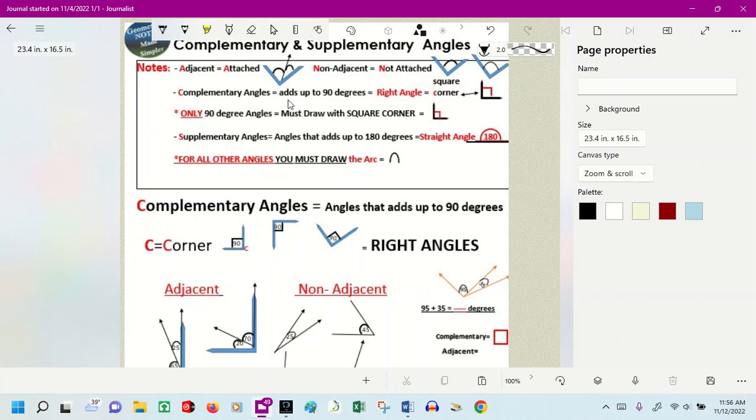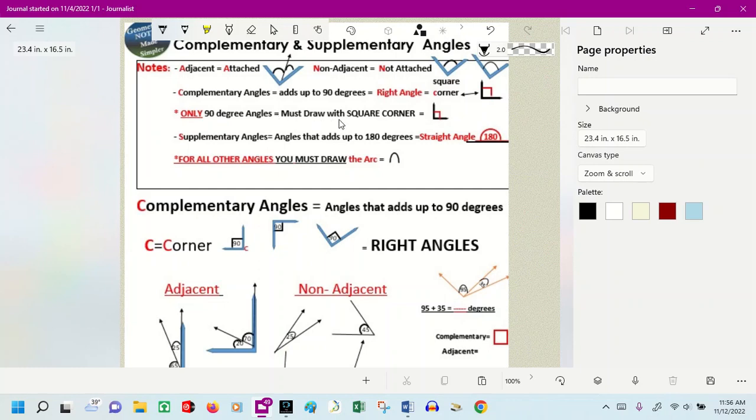Complementary angles are angles that add up to 90 degrees. What's the name of a 90-degree angle? It is titled the right angle. How do we recognize the right angle? It is the only 90-degree angle with the square in the corner.